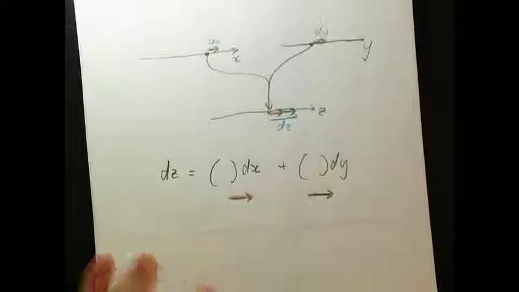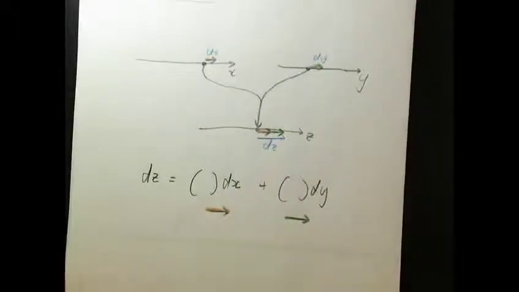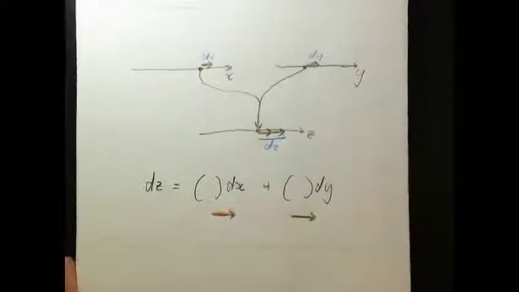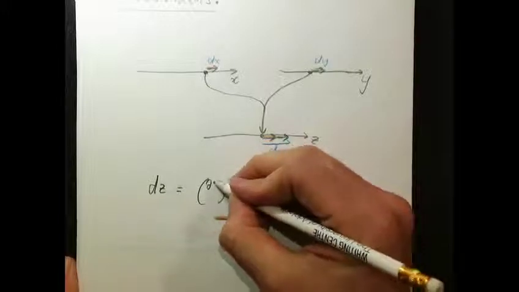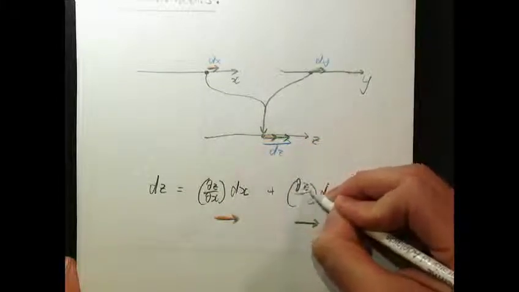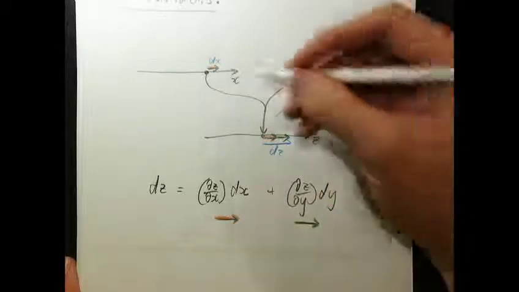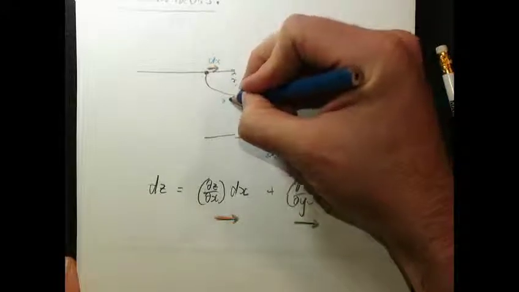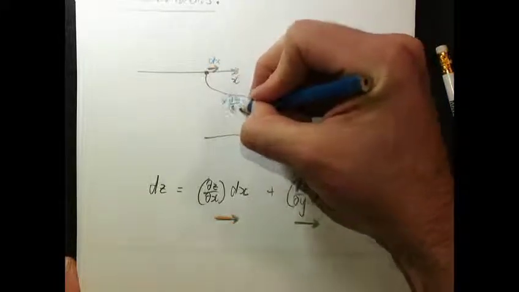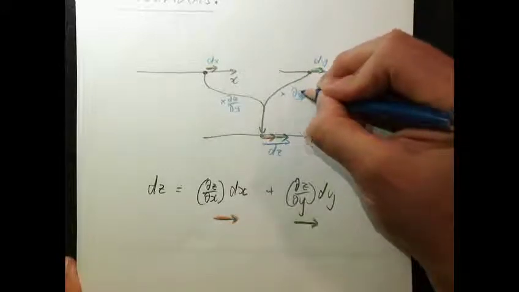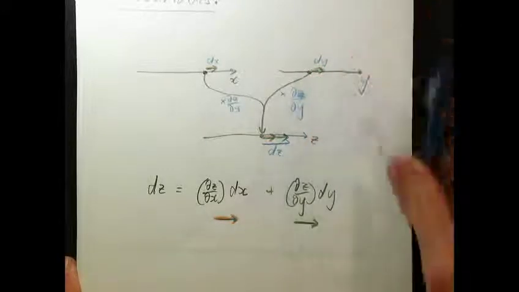And together they make up the big dz. The name of this number here, back in one variable calculus, that would be dz on dx. In two variable calculus, it's still called dz on dx. So we use a curly d to point out that there's only one variable involved here. So what we're multiplying by to get from here to here is timesing by dz on dx, and to get from here to here we're timesing by dz on dy.